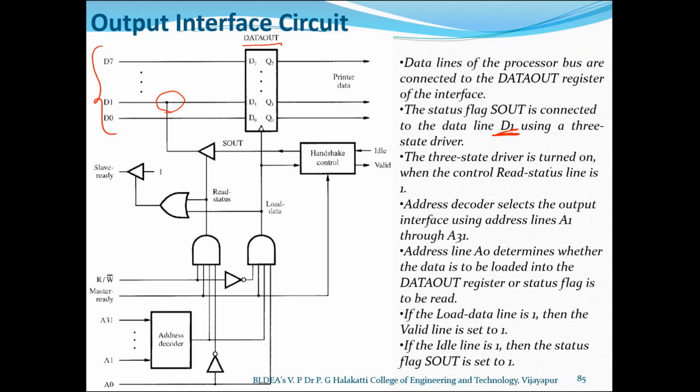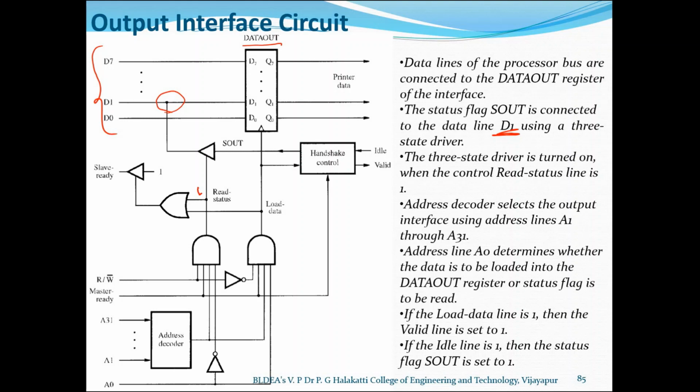That is the difference you should remember, using a 3-state driver. The 3-state driver is turned on when the control read status line is set to 1. When this read status line is equal to 1, the 3-state driver will turn on.